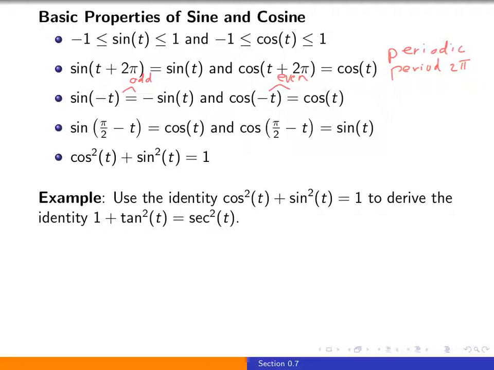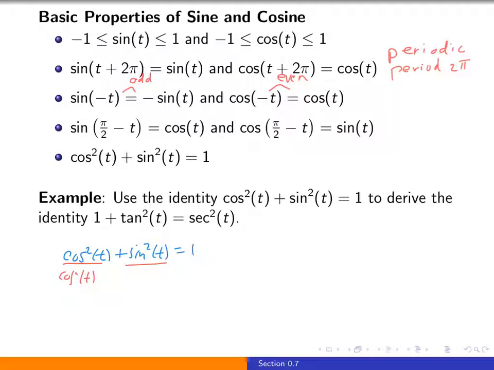Let's go ahead and use this last identity, the Pythagorean identity, to derive the fact that 1 plus tangent squared is equal to secant squared. So starting with the Pythagorean identity, cosine squared plus sine squared equals 1. Well, if this identity is true, what I can do is just modify it algebraically. And one way I can modify it algebraically is to divide everything by the same quantity.